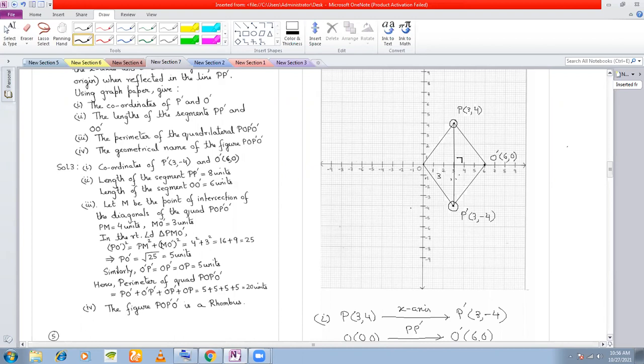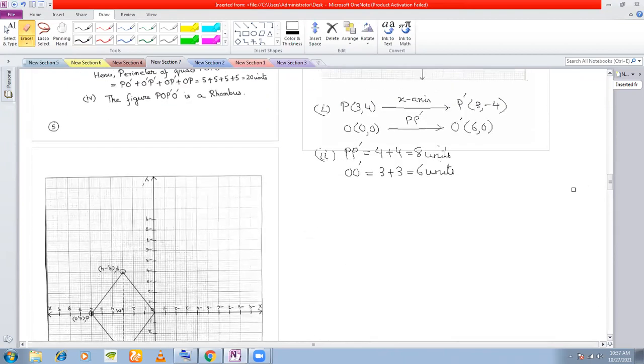And the diagonals are unequal also, right? PP dash length is 8 units, and the length of the other diagonal is 6 units. Diagonals unequal, diagonals perpendicular to each other, and diagonals bisect each other. That means obviously it is a rhombus. So we'll first write that the quadrilateral P O P dash O dash is a rhombus.